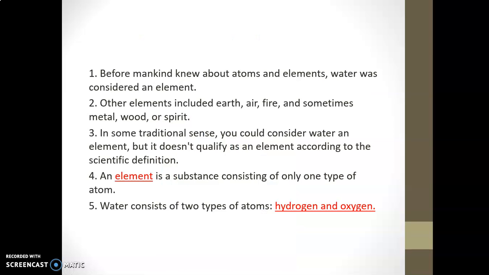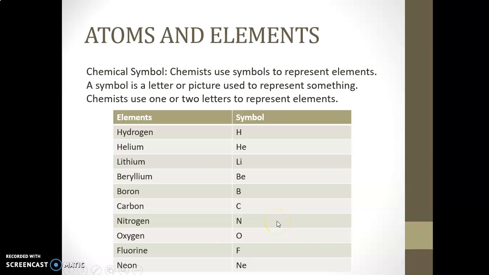Earlier, before the research went on, it was thought to be an element because they felt it was only one type of atom. But when they did this electrolysis method, they came to know that water actually consists of two types of atom, hydrogen and oxygen.